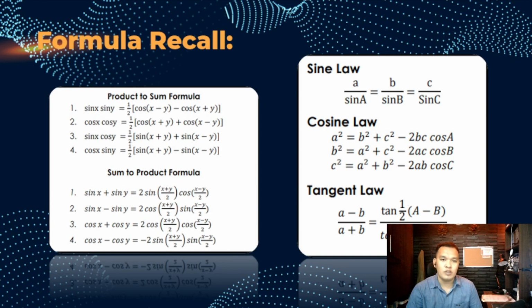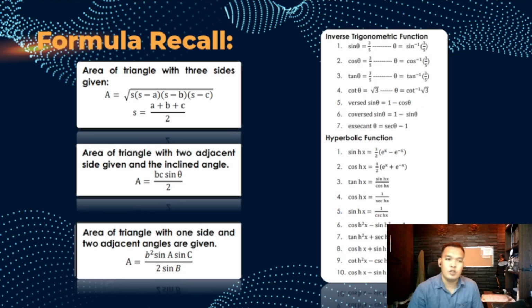Okay, so we have also sine law and cosine law. Cosine law and sine law are used to solve an oblique or acute triangle, solving for the dimensions or sides of a triangle or either the angle of a triangle. Okay? So we have also areas of a triangle with 3 sides given.